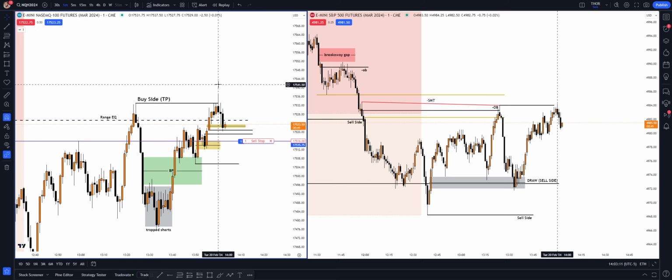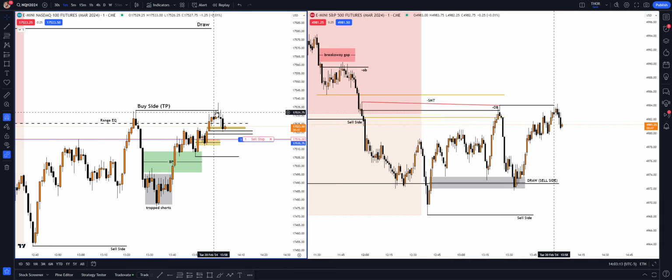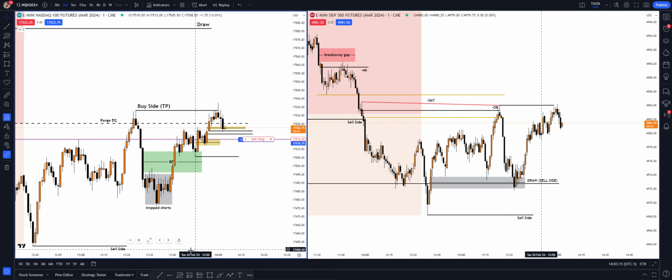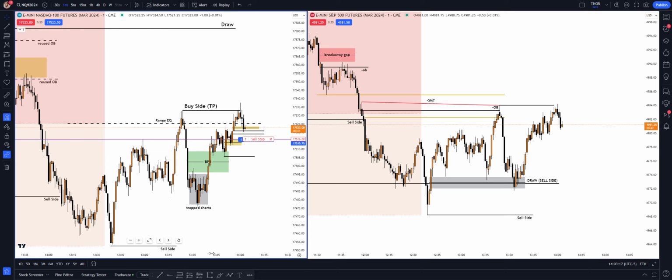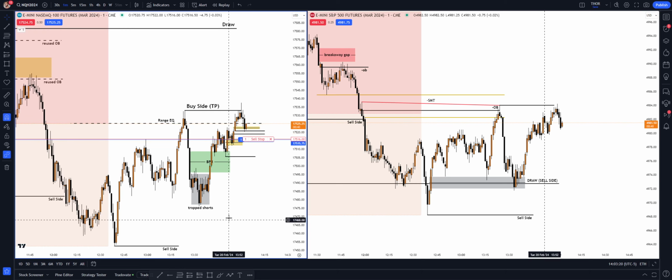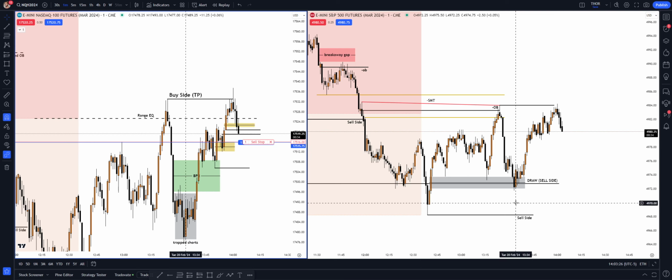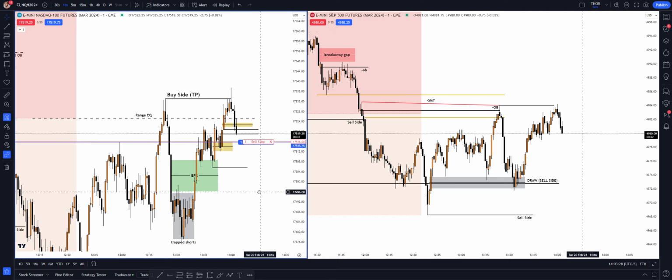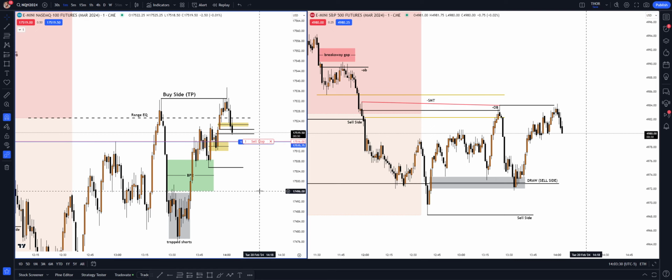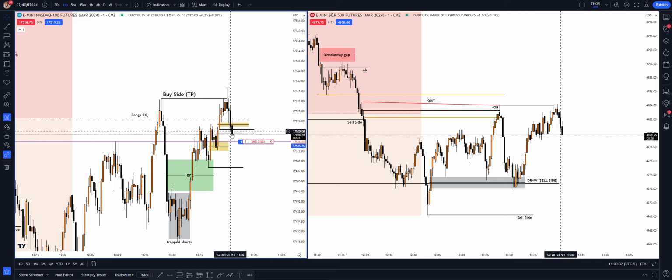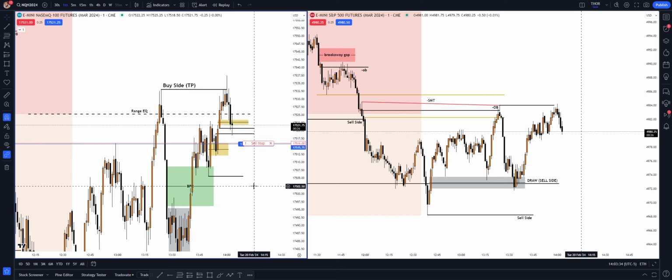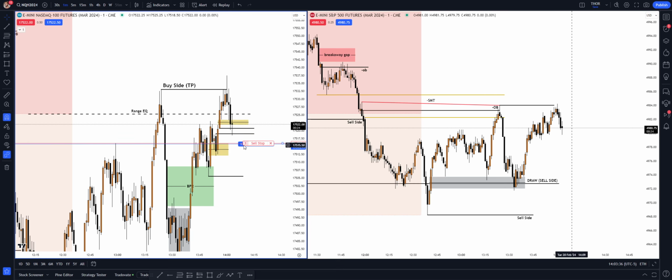I want to see a sharp move higher and candle close above it. Let's zoom in. 14:03. Now, if this fair value gap fails, that means I'm wrong anyways. So that's why I don't mind getting stopped here.